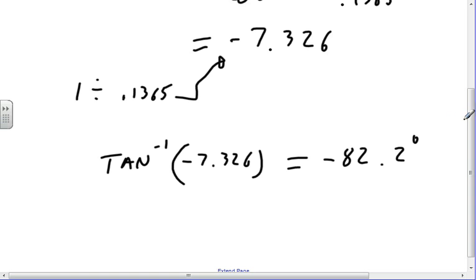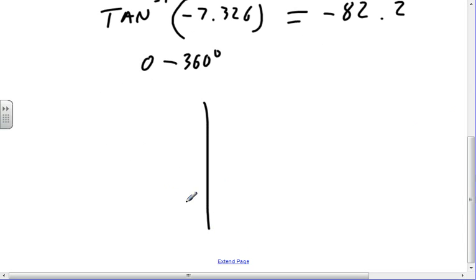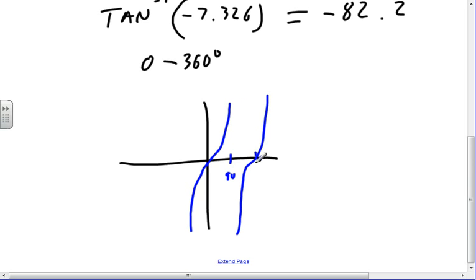All right, so now the issue is between 0 and 360, how many answers am I going to have? Well, the tangent function does this. That's 90. That's 180. That's 270.